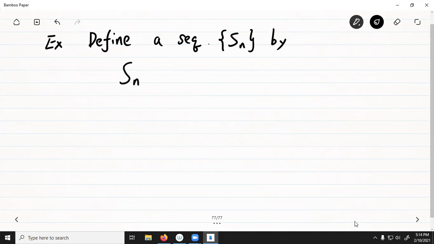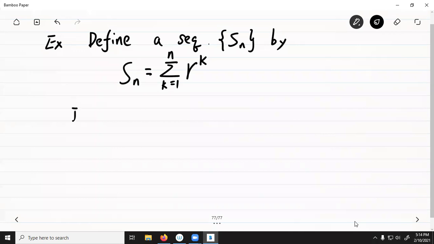S of n is equal to the summation, k from 1 to n, of r to the k-th power. So S n is given by this formula.